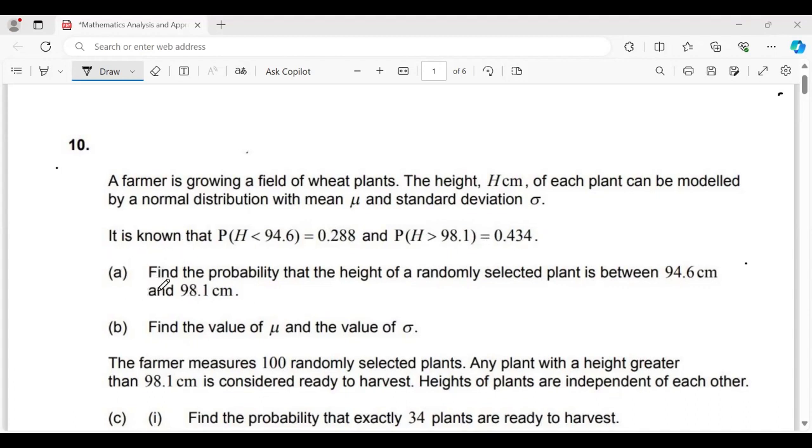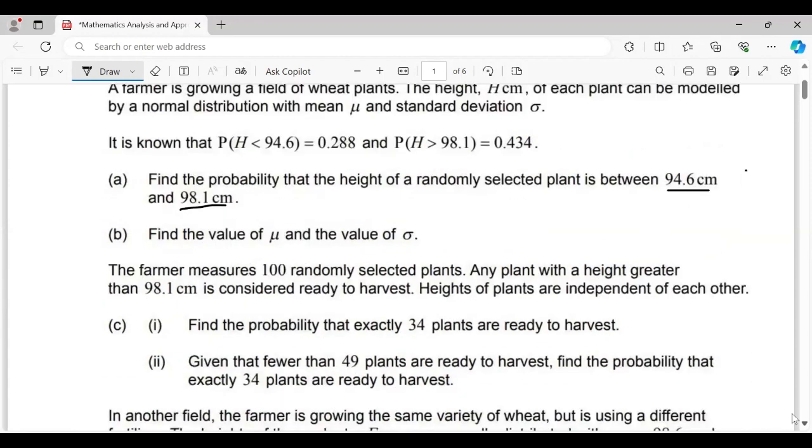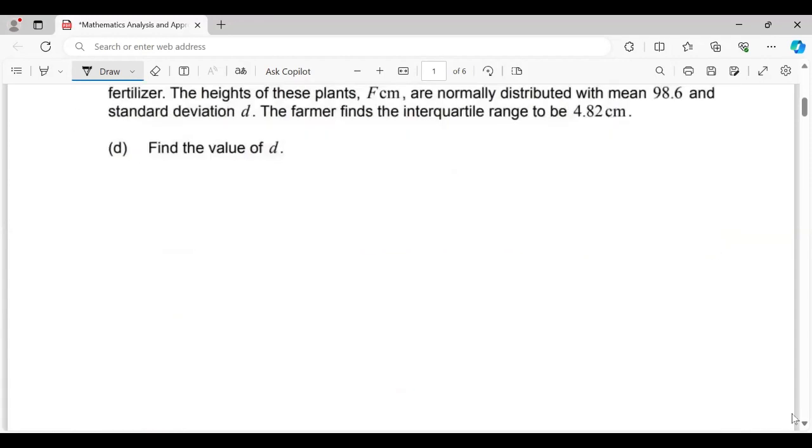Now, question A: find the probability that the height of a randomly selected plant is between 94.6 centimeters and 98.1 centimeters. So between this one, 94.6 and 98.1 centimeters. Right. We're going to answer that.